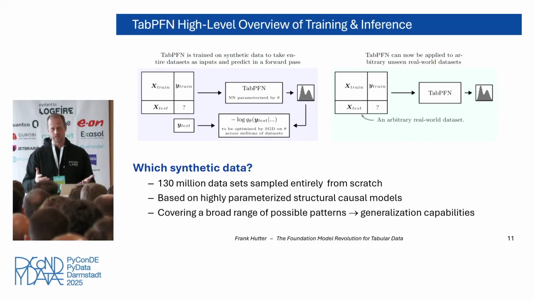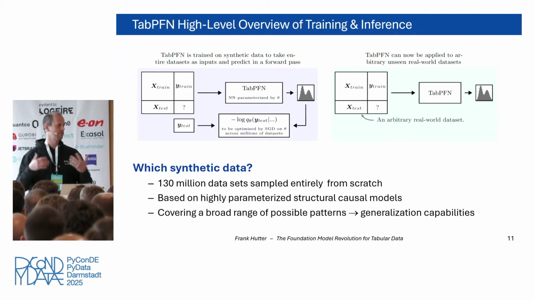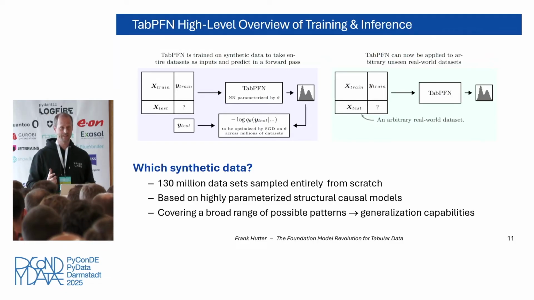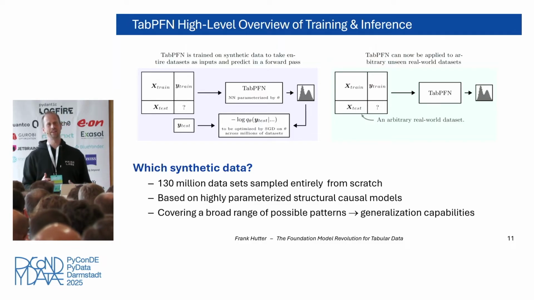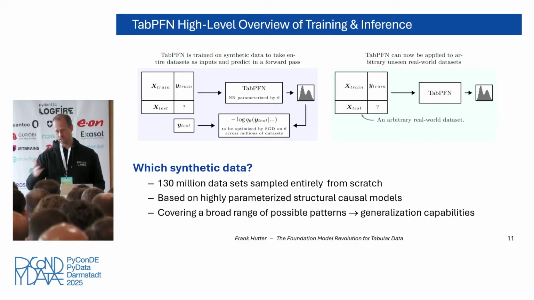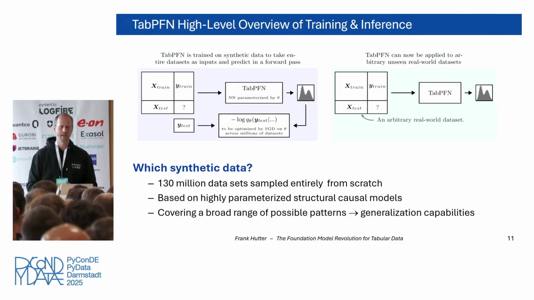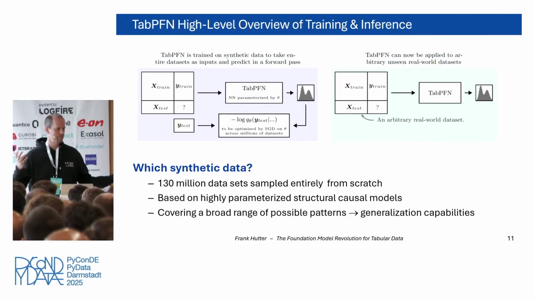And this is different than, for example, language or images, where everybody puts their content online. If you have a high-value tabular data set, that's not going to be online, because it gives you company value, and you're not going to share it online. So in contrast to text on Wikipedia or anywhere on the internet, or images, people share them.